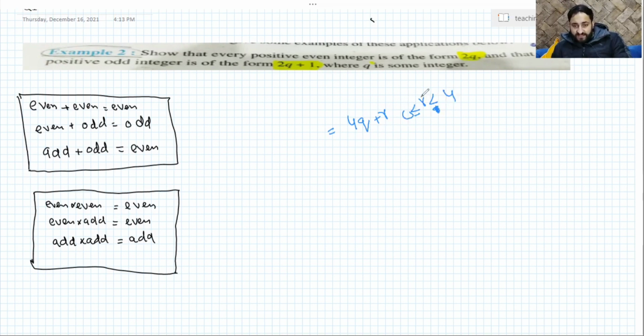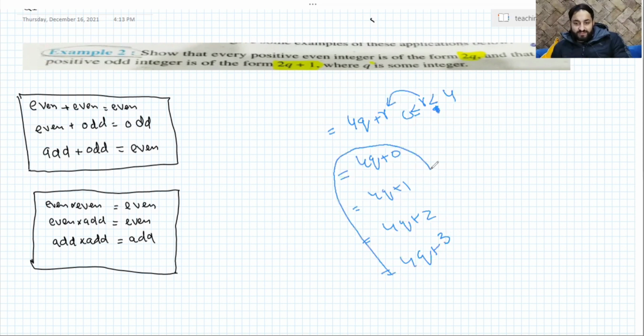What are the necessary equations you require to show any positive integer? They are 4q plus 0, 4q plus 1, 4q plus 2, 4q plus 3. These are all the necessary equations we require to show any positive integer.